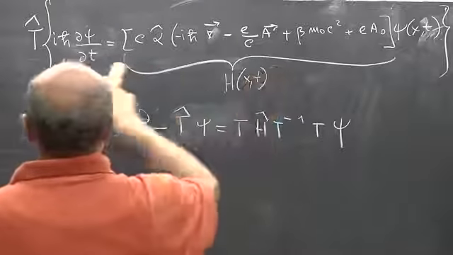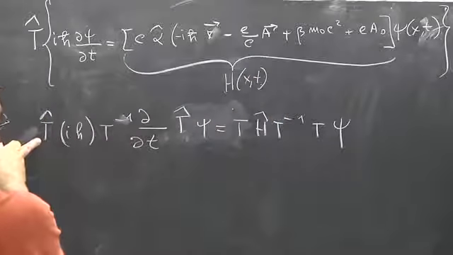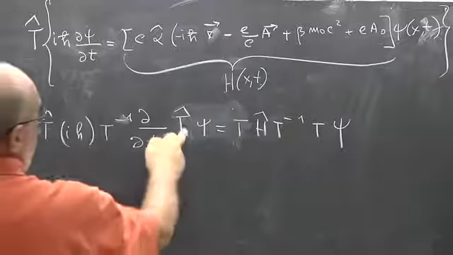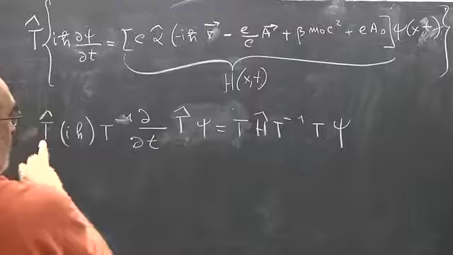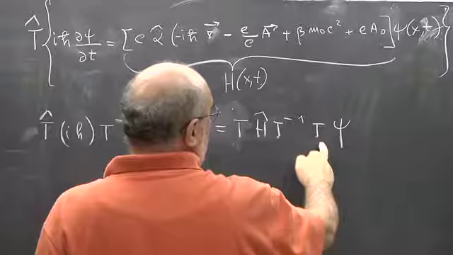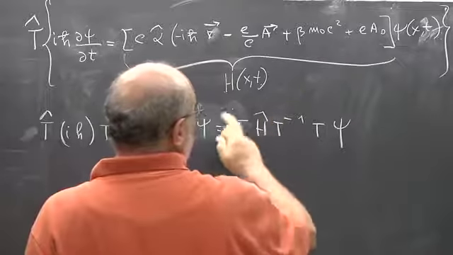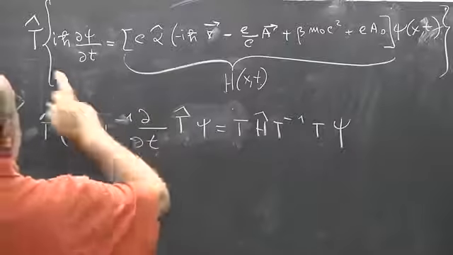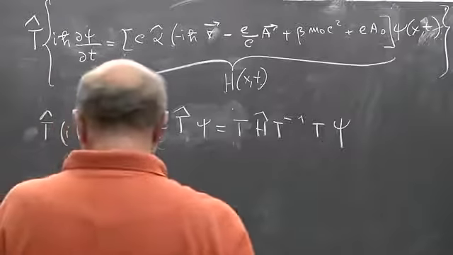I take this, I multiply by the left by T, okay? But you see, this T minus 1 and this T cancel, so it's like having multiplied to the left by T. Here, this T and T prime is the same as having multiplied by 1, and the net result is having multiplied everything by T. So even these complicated things is the same as this one having multiplied by the left by T.